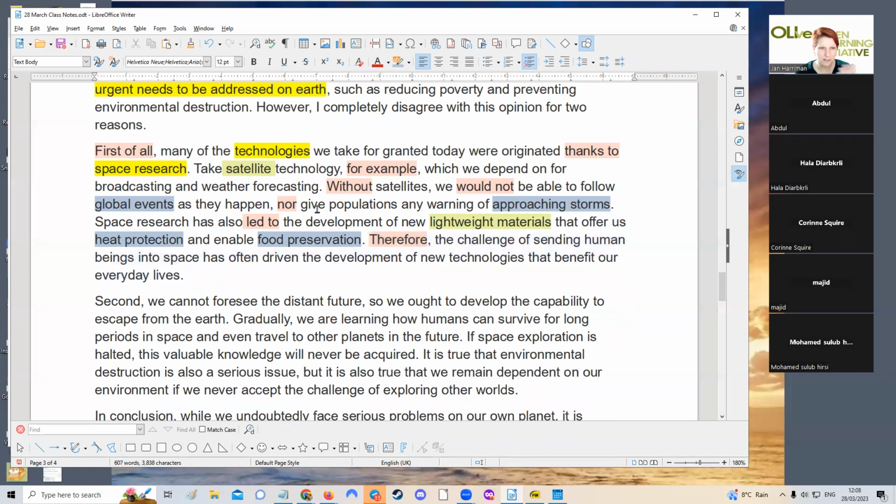So the bulk of this paragraph, like I said, we've got technologies from space research. We've got our listed two technologies, satellites and lightweight materials. We've got examples of their benefits.